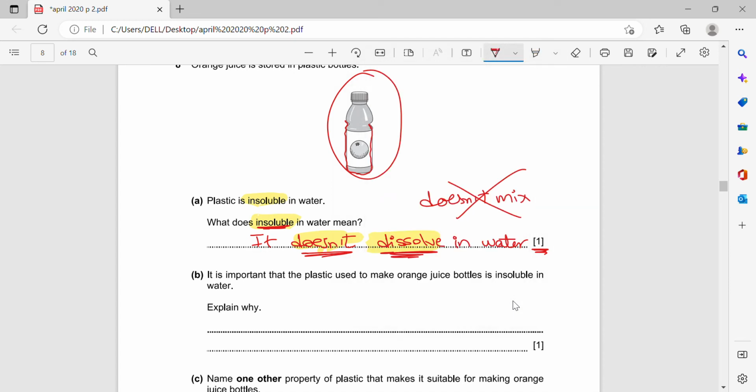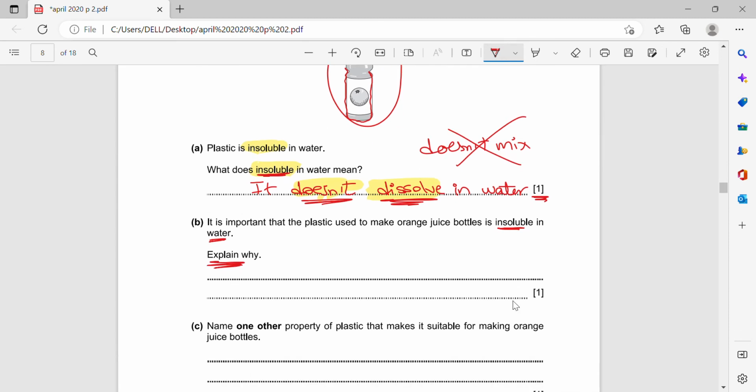It's important that the plastic used to make orange juice bottles is insoluble in water. Explain why. So plastic is insoluble, it doesn't dissolve in water. Why is this important? Because if it dissolves in water, the plastic will go into the orange juice.